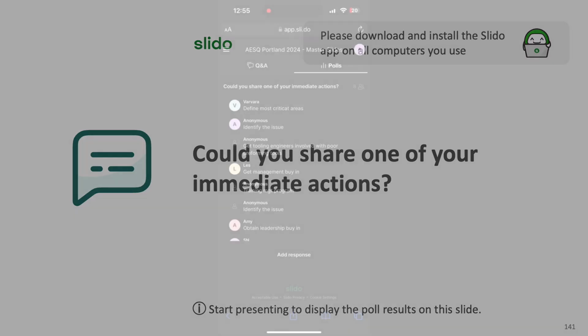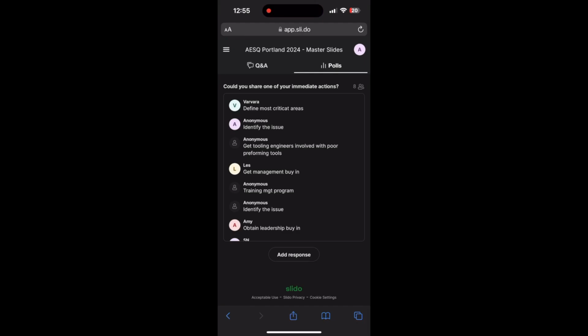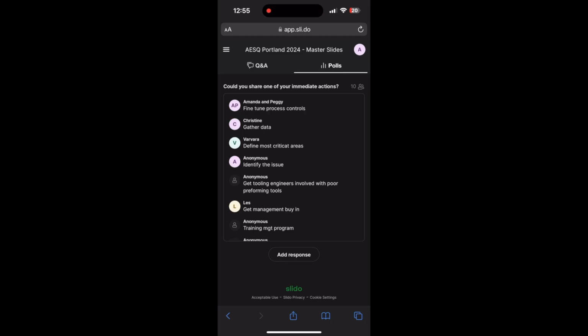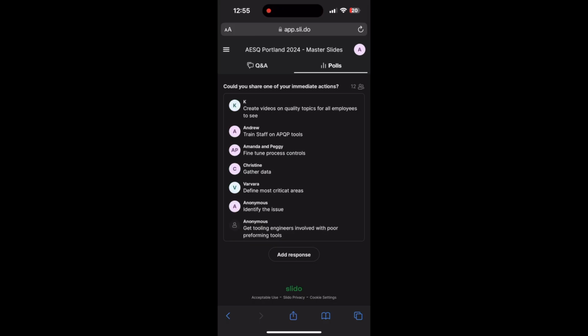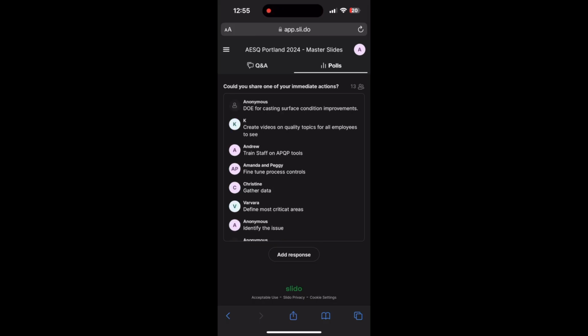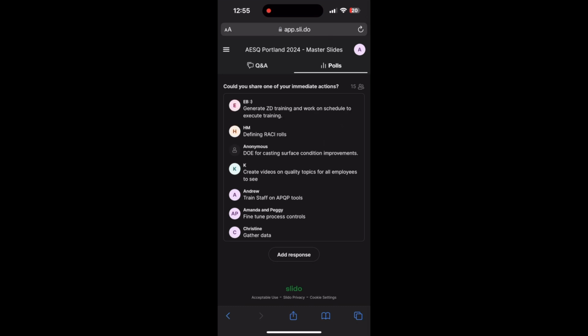Okay, all executives meet and agree on the quality mindset goal. Obtain leadership buy-in. That's a good one. Identify the issue. Training management program. Get tooling engineers involved with poor performing tools. Get management buy-in. Define most critical areas. Identify the issue.